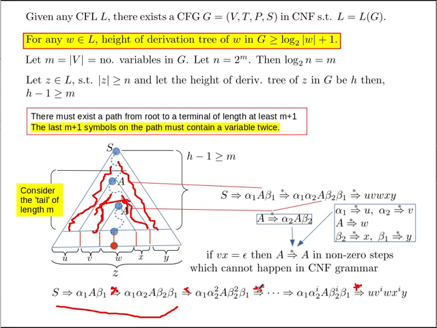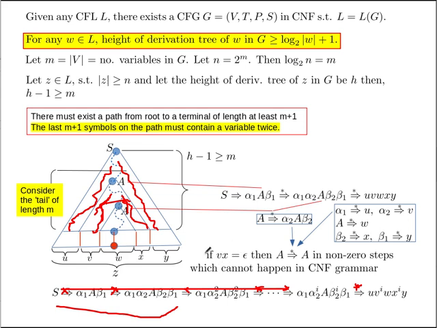This happens in multiple steps. These are all star, this is also star, and this is also star here. So this is how we see that we can generate this u v^i w x^i y, which was required, and we also proved that this part is non-empty.